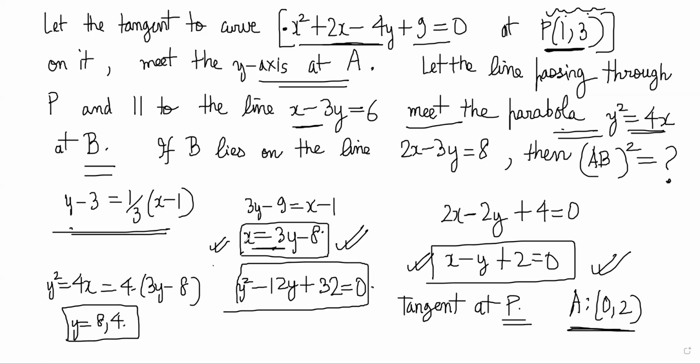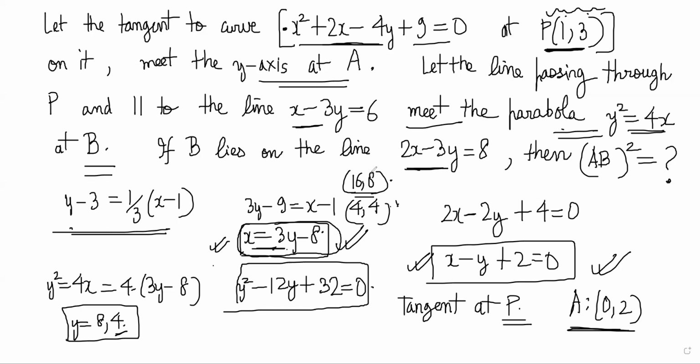There are 2 points where the line meets the parabola. One point is when y is 8, which means x must be 16. So one point is (16, 8), and the other point is y is 4, which means x must be 4. The other point is (4, 4), right? Yes sir. One of these 2 points must lie on this line.